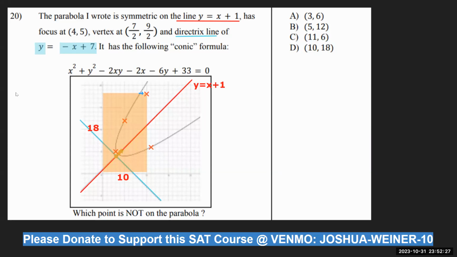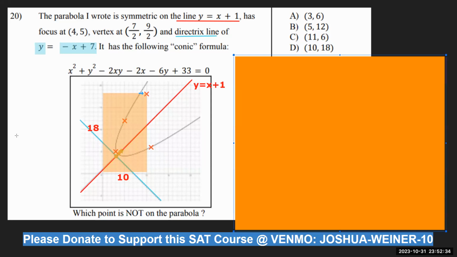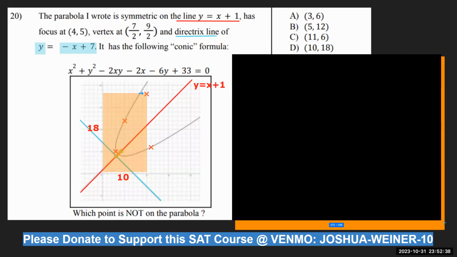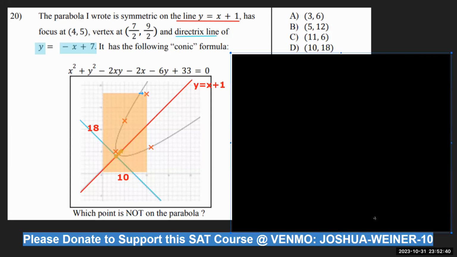Here we go. I'll put up a blackboard on the right, and then plug in for x and y. Here comes the calculation proving that it is not a point on the parabola. Okay, x is 10 and y is 18, right?